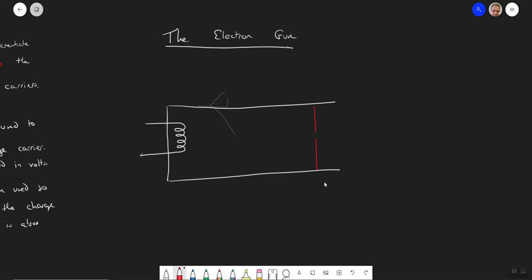So we have that connected to a supply, and we will have this connected. That's plus and that's minus.